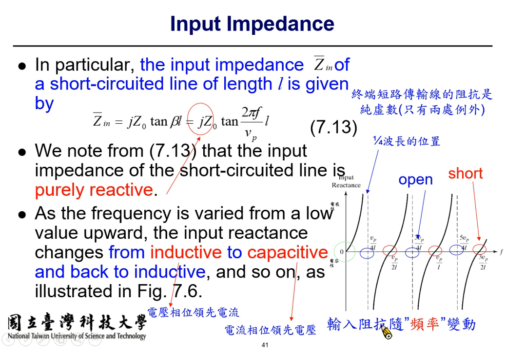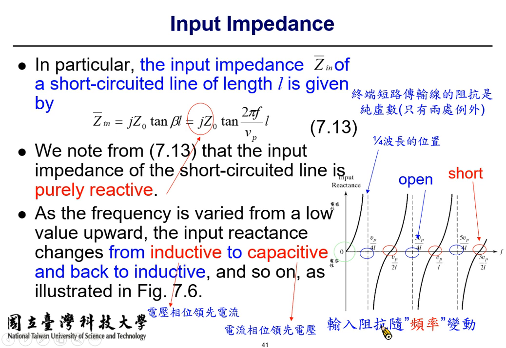It becomes infinity. So this is a very interesting property about short-ended transmission lines. According to the plot, this suggests you can synthesize any reactance using a short-terminated transmission line.